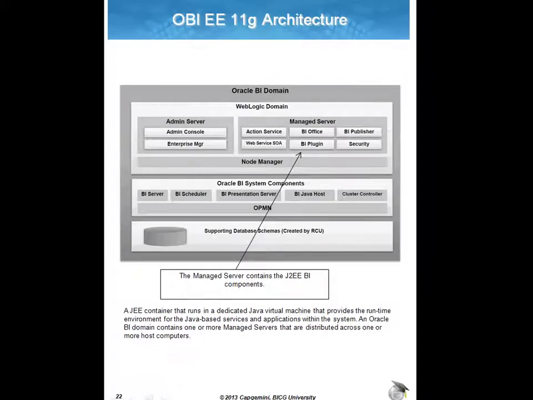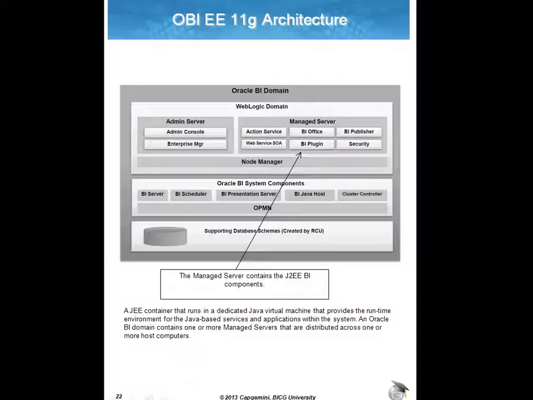The managed server within the WebLogic domain is a dedicated Java virtual machine that provides your runtime environment for all your Java-based services and applications within your system. An Oracle BI domain can contain one or more managed servers, and those can be distributed across one or more physical host computers.